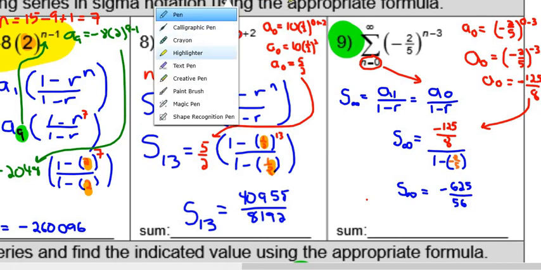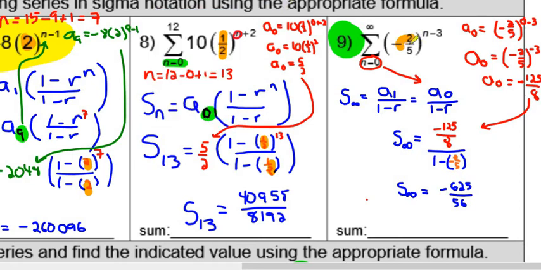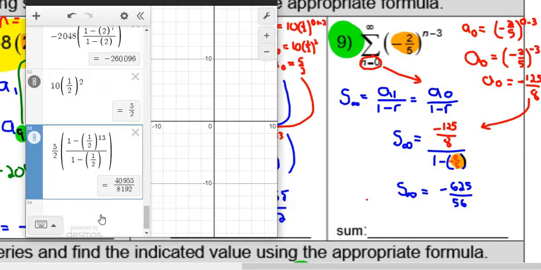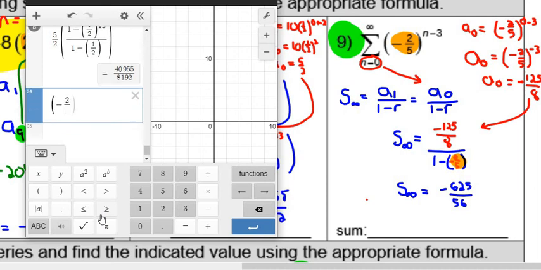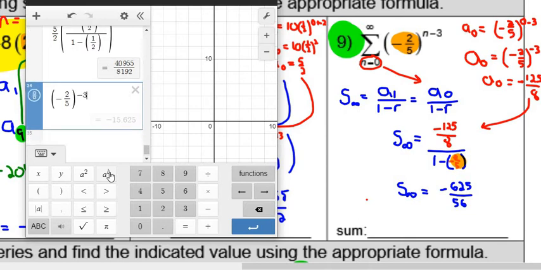And then it's like the same old game, right? So this -2/5 is R, so I put it here. And then I type this in the calculator, starting with that crazy term, right? So A0, again, would be -2/5, raised to the -3rd power.